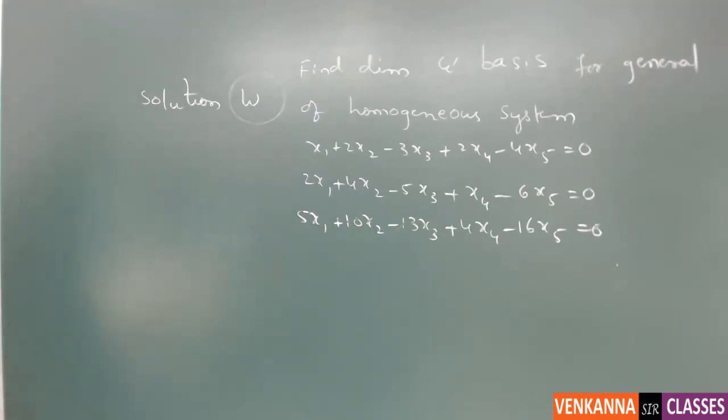In other words, if we consider all possible values of x1, x2, x3, x4, x5, which are the solutions of this simultaneous system of equations, for that 5D vector system, you are going to find the basis and the dimension. Okay? Any doubts? Is the question clear?